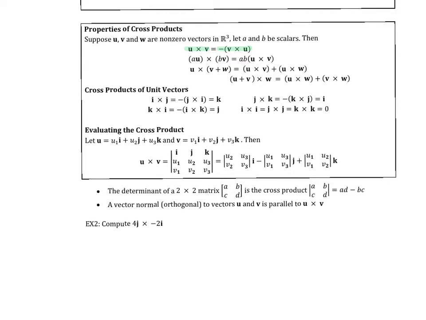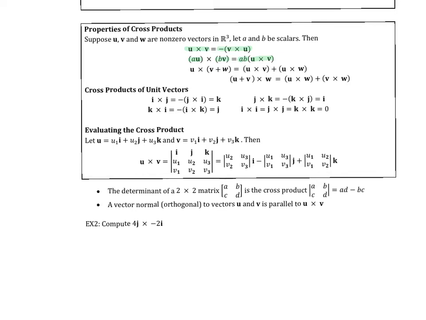Whenever you are crossing vectors, and your vector is multiplied by some constant a or a constant b, we are allowed to pull those constants out before we do our cross product, and that would be simply a times b on the outside and cross your vectors. So that's an option.